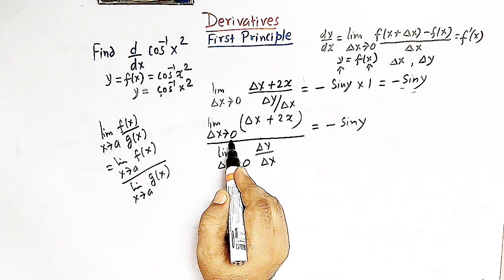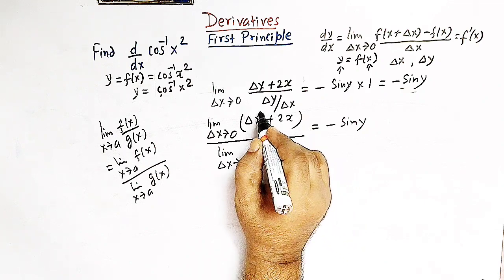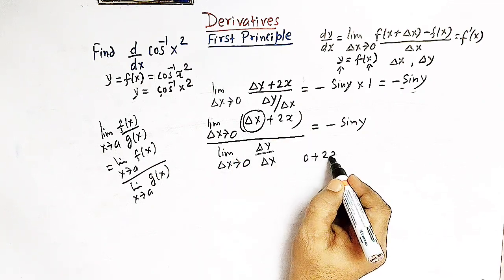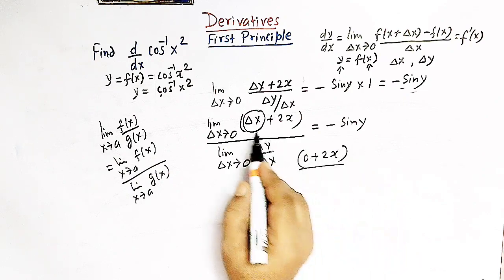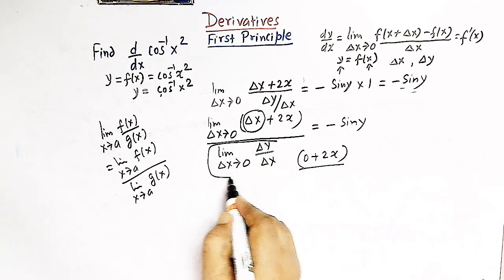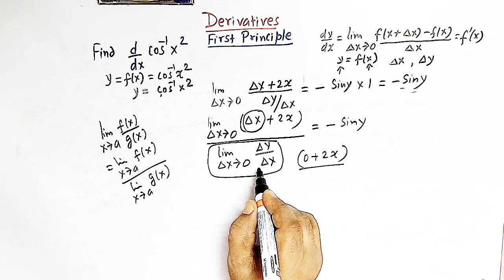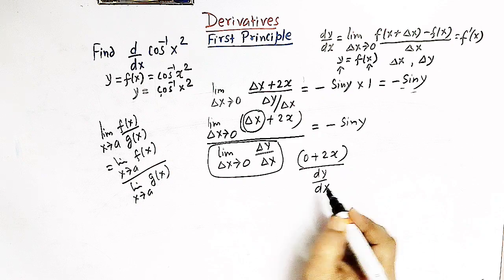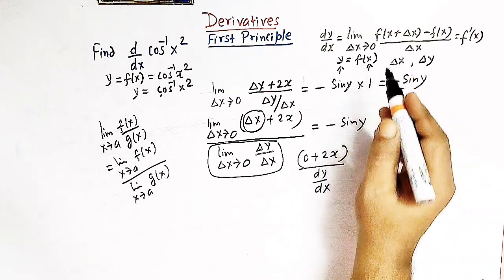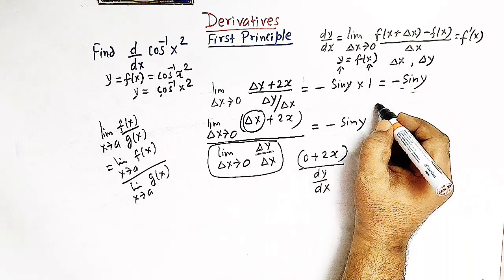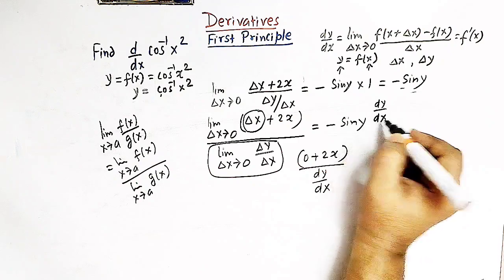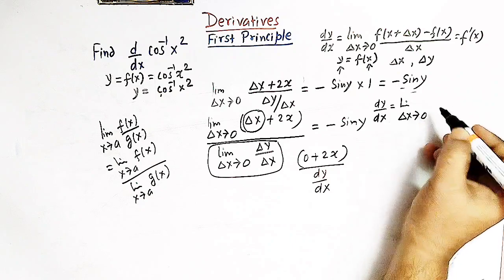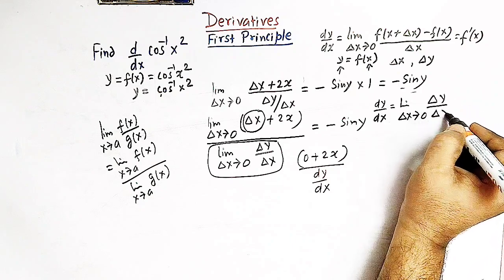Now limit delta x tends to 0, delta x plus 2x, so this term goes to 0, so we have 0 plus 2x in the numerator, and this is the notation for dy over dx. So here we can write dy over dx, because from the definition of derivative, we know that dy over dx is equal to limit delta x tends to 0, delta y over delta x.